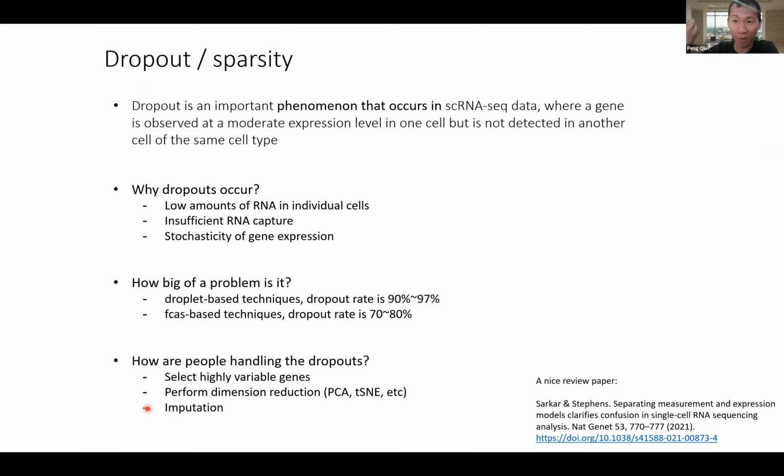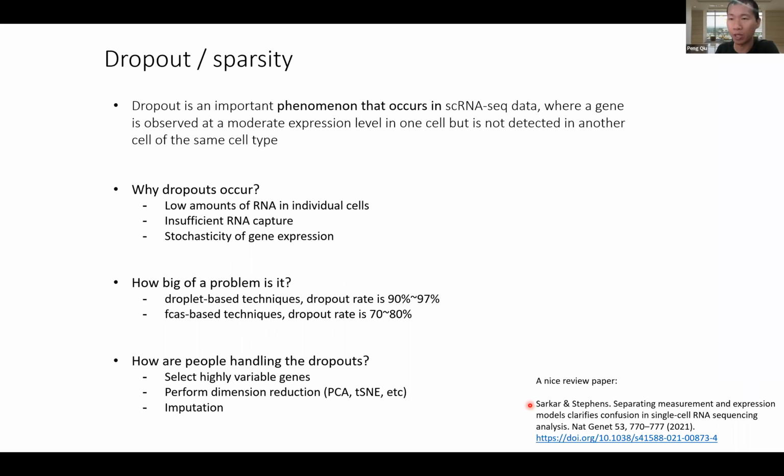So in this slide, when I talk about dropout, sparsity, and zeros, you probably already hear me not being super consistent about what these different phrases mean, right? There actually is a fairly recent review paper from U of Chicago, and one big message in that paper is that dropout is a bad word to use, because in the literature, the word dropout has been used to refer to many different meanings.